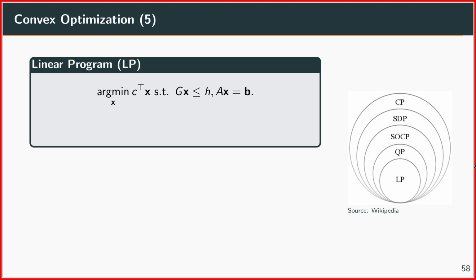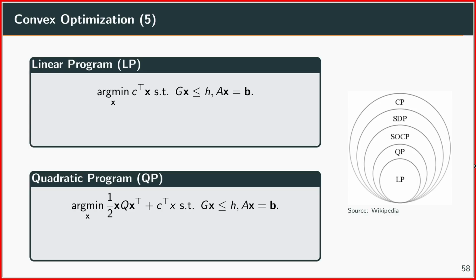So f of x is basically a linear function of x, and the same here for g and h. And another big convex optimization problem which we're interested in is a quadratic program. This is basically something where g and h are again linear, but f is actually quadratic in terms of x.